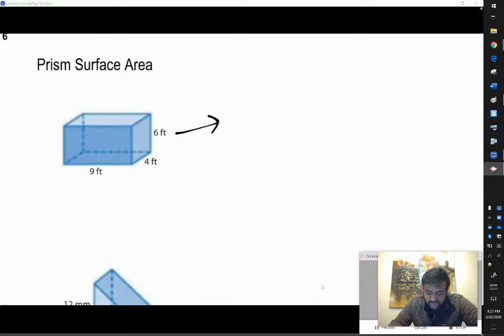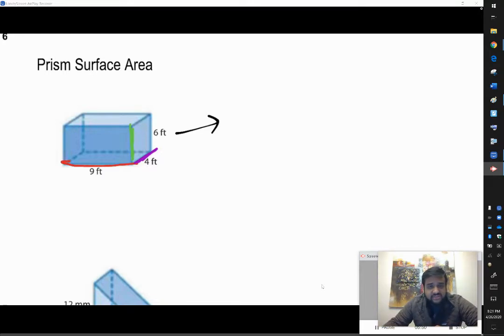So you have 2 sides that are 9 by 6 in terms of their dimensions. 2 sides are 6 by 4, the left and right of this box, and 2 sides are 9 by 4, the top and the bottom.